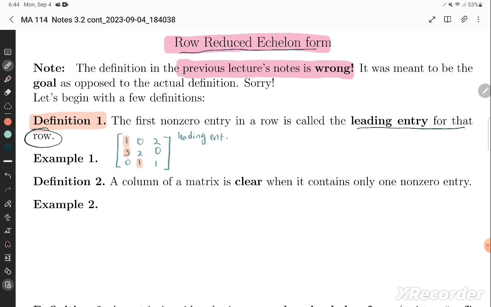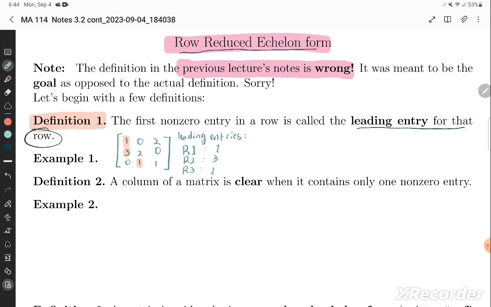I'm going to put leading entries: the leading entry for row 1 is going to be 1. The leading entry for row 2 is going to be 3. Then the leading entry for row 3 is going to be 1.